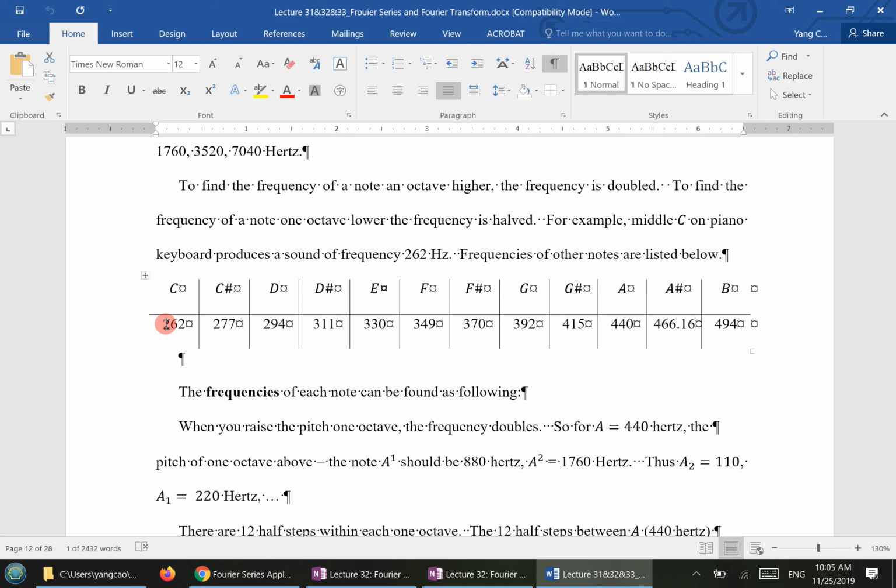And incidentally, if you take the ratio between the frequencies C, E, G, you'll see the ratio is 4, 5, 6. This is why it's called the harmonic scale. They're in harmony.